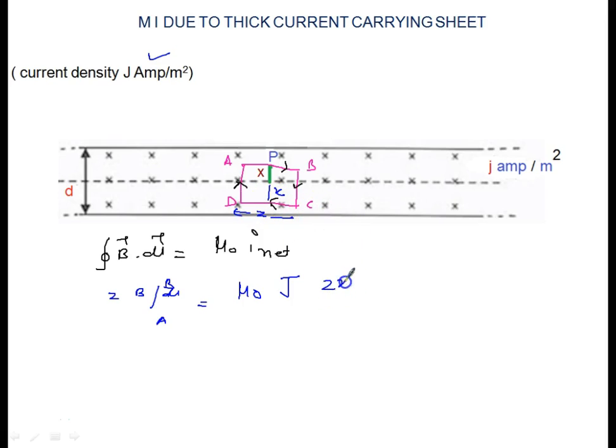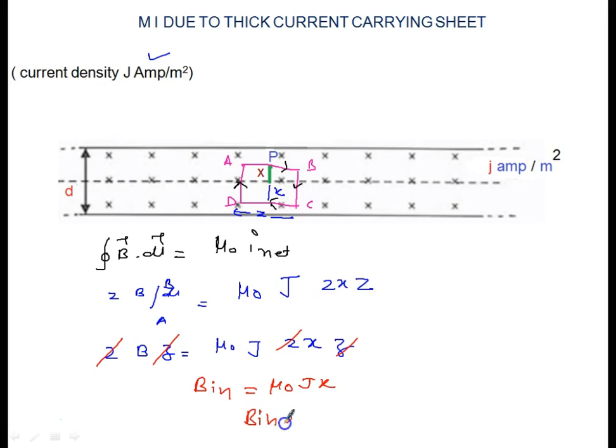You will say 2x into Z. So finally 2B integration dl is Z, equal to mu naught J 2x into Z. So I think Z can be cancelled, 2 can be cancelled, and if I am not wrong, you will get magnetic field inside given by mu naught J x, which is not constant. It directly depends on x. So inside, the magnetic field depends on x, but if you move outside, the magnetic field is constant.